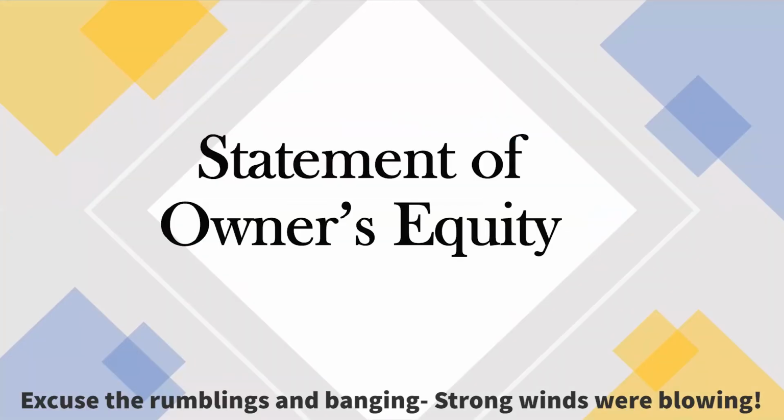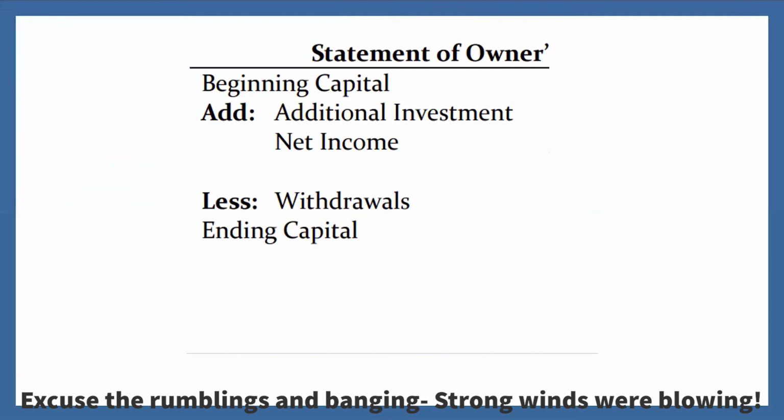So the next statement is our statement of owner's equity. And based on our videos and questions that we've done, we know this is what our statement of owner's equity looks like. We start with our beginning capital. We add additional investments. We add net income, which would be coming from our income statement, right? Then we'll be subtracting our withdrawals.